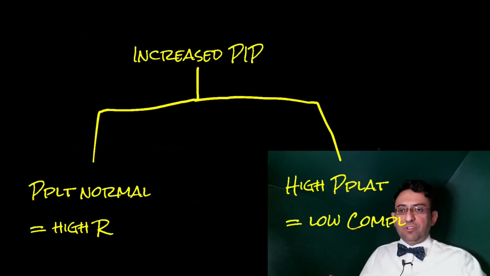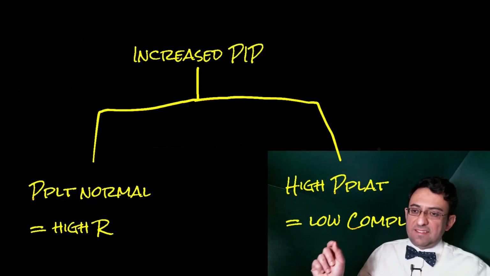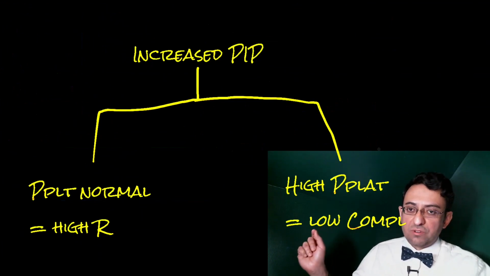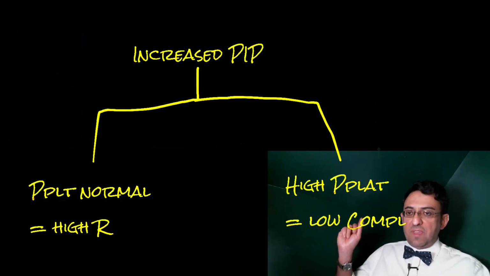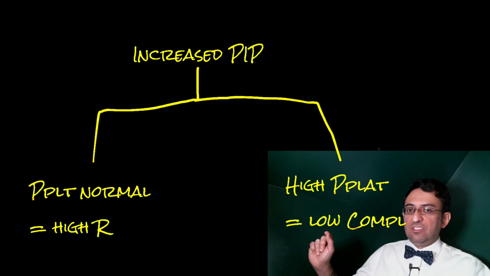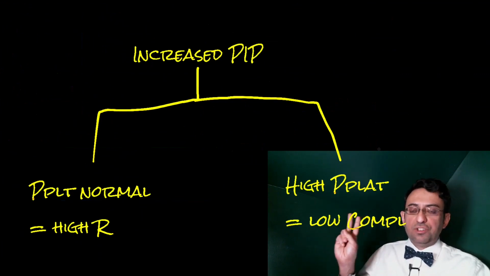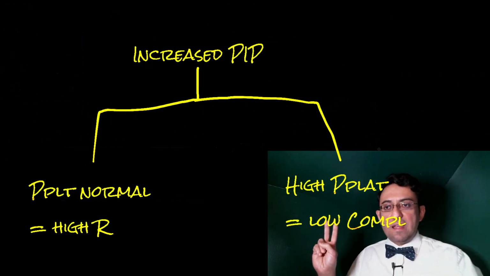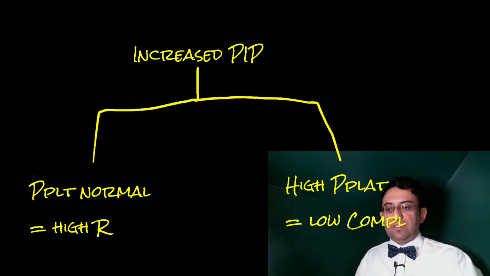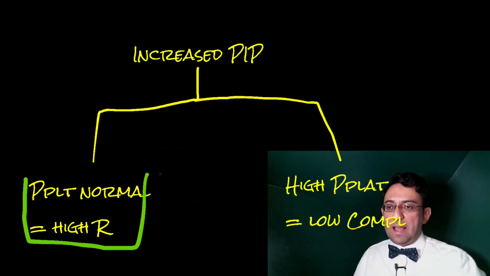Because ventilator adjustment requires us to know what setting is optimal for what type of pressure change. Now, if we have increased peak inspiratory pressure, there are two differential diagnoses. One is the conditions associated with high airway resistance, which are the conditions with normal plateau pressure.